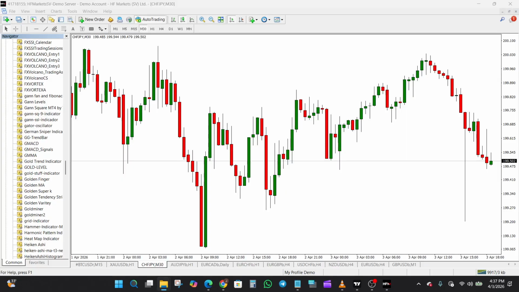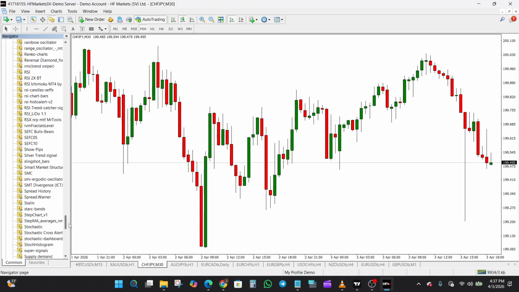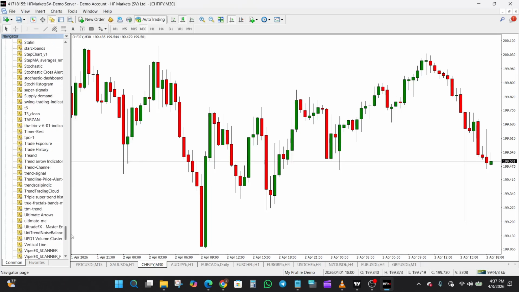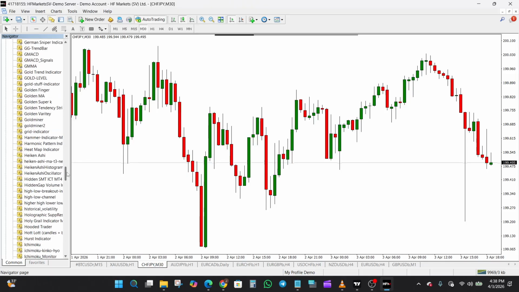Now let us start by adding the timer best. After adding the timer best, we will add the other indicators. Now let us go over to FX Volcano.